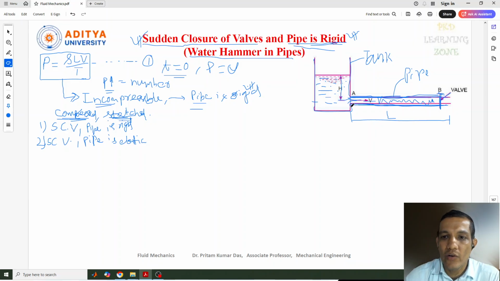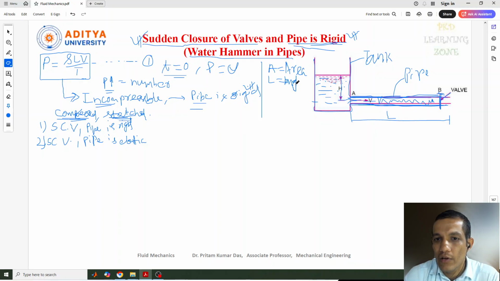Here some terminology also needs to be considered, which I mentioned previously. A equals the area of the cross section of this AB pipe. L equals the length of the pipe, and V equals the velocity of the fluid flowing through this pipe.